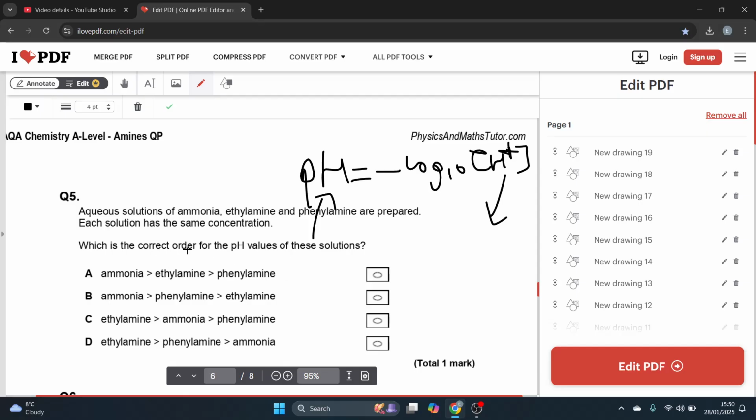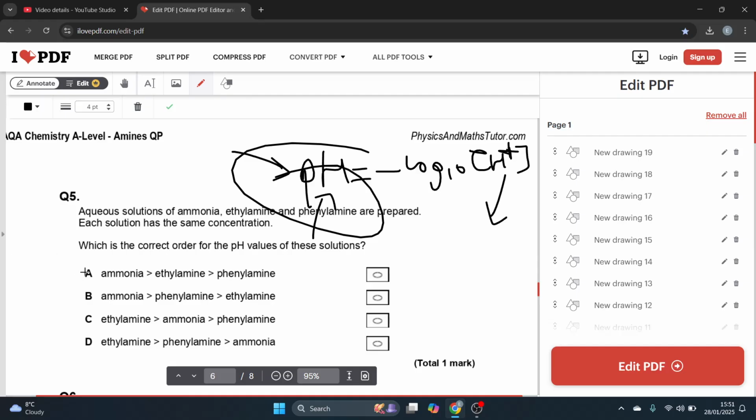For these, we're going to look at which ones are the stronger bases, because the stronger the base, the more H+ ions it will accept, and therefore the pH will decrease. So I'm looking for the weaker bases for the final one.